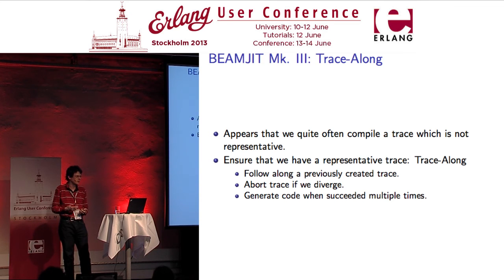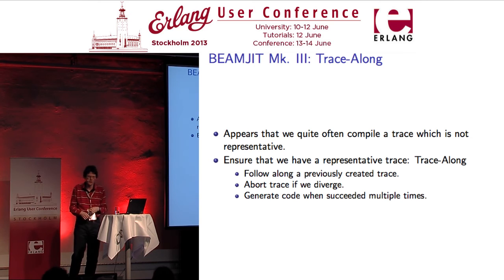That means that the first time I find a loop, I don't compile it directly. Instead, I let it hang around for a while, and the next time I come here, I trace it again and see that I actually follow the previous trace. And if I manage to do this multiple times, then I can be pretty sure that what I have is a representative trace. And then I go on to compiling.